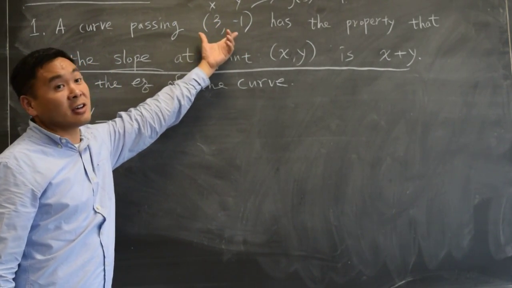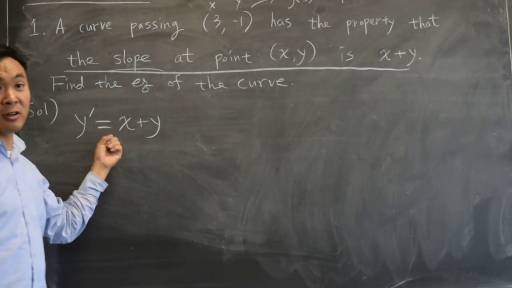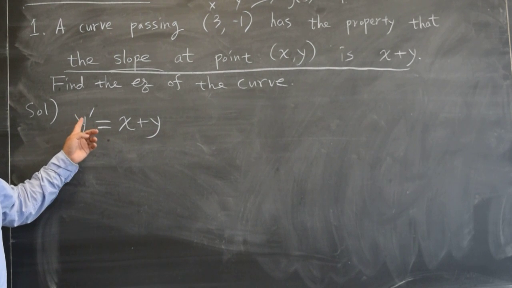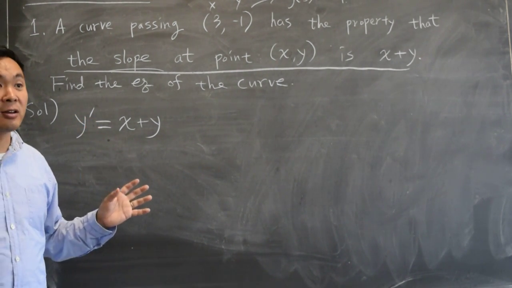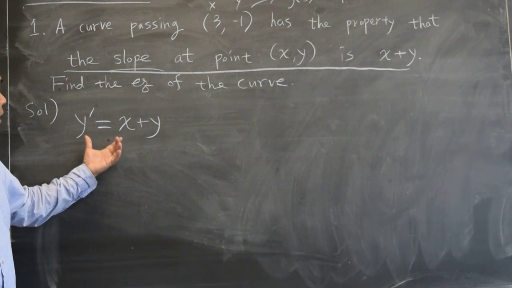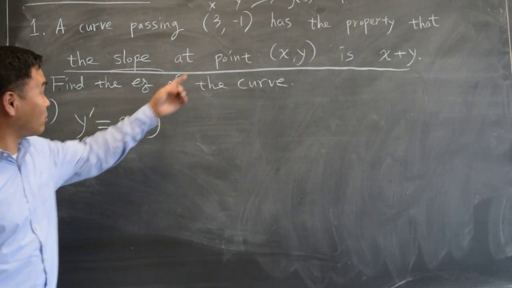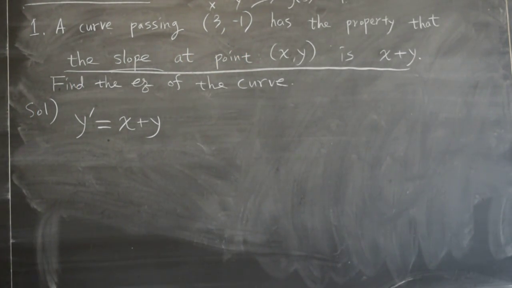So this is a condition the curve has to satisfy in addition to this. We all know that if you solve a first order differential equation, you're going to get a parameter c. That undefined c will be specified after you solve this differential equation and impose this condition. So let's try to solve this.